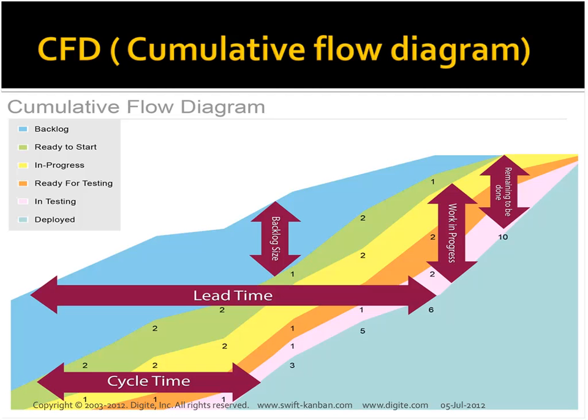Another metric which comes from manufacturing is lead time, which is the time a particular story took right from the customer request till you were actually able to deliver or deploy it.